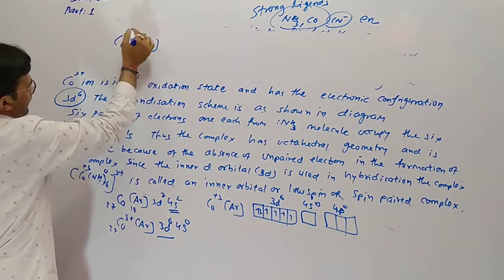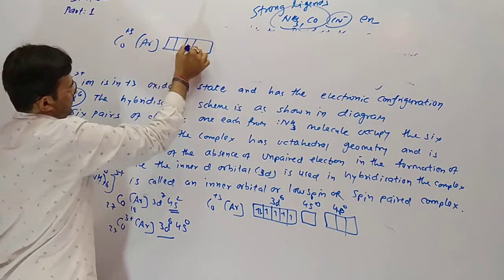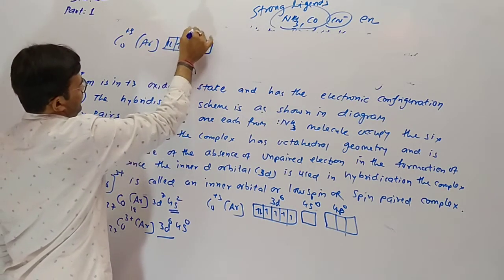So here cobalt 3+ has 6 electrons in the d orbitals.